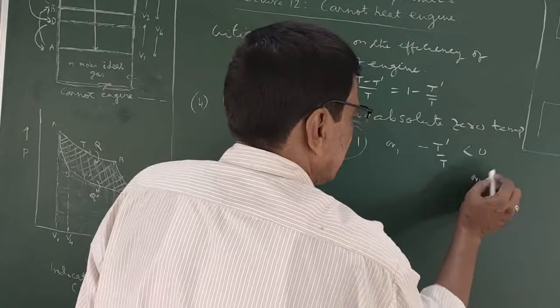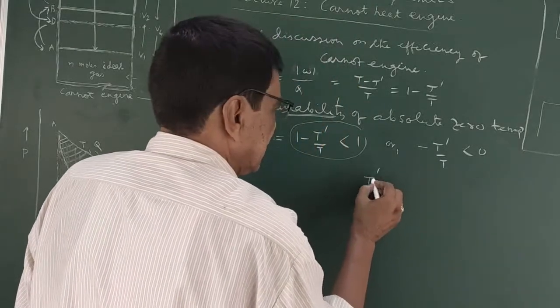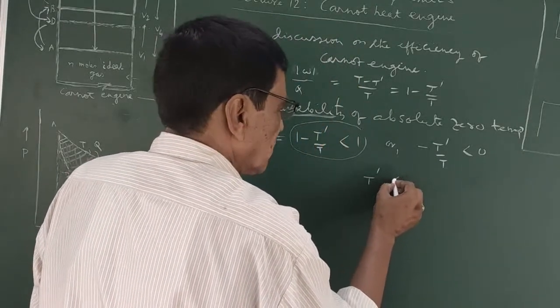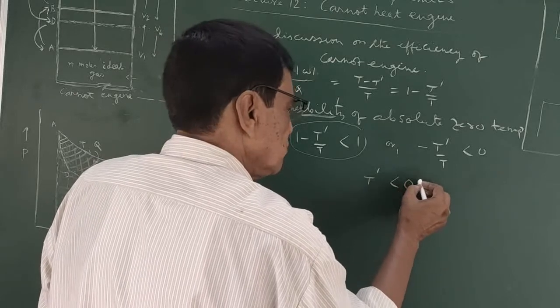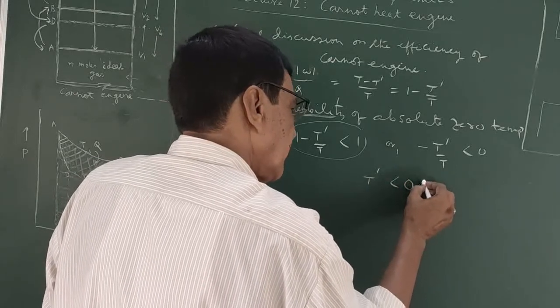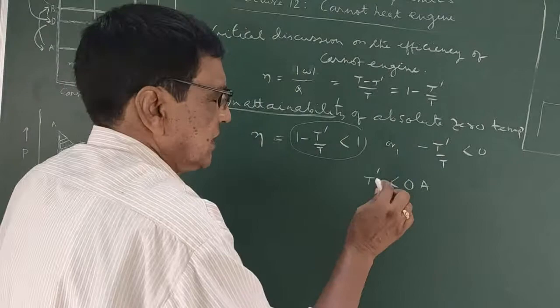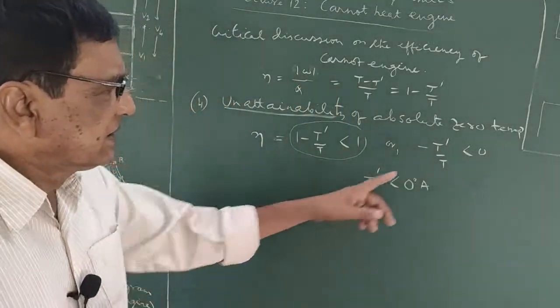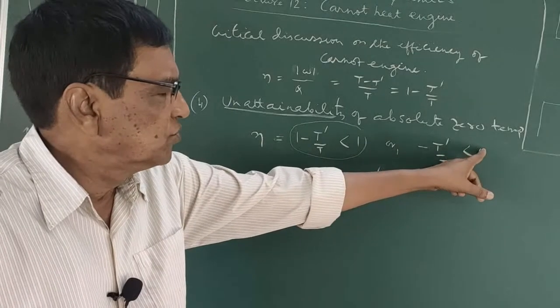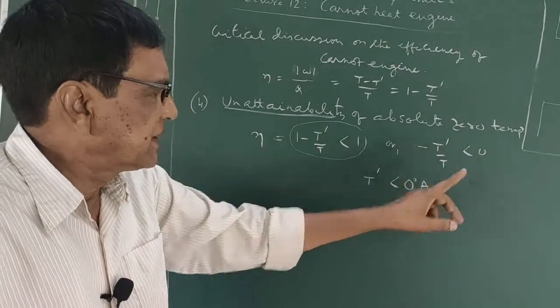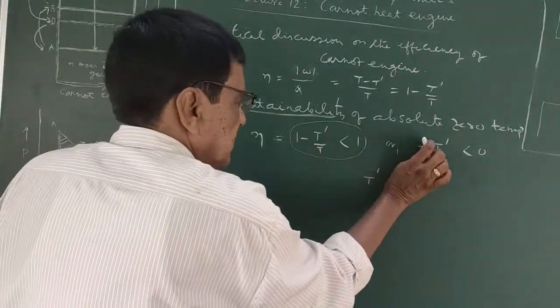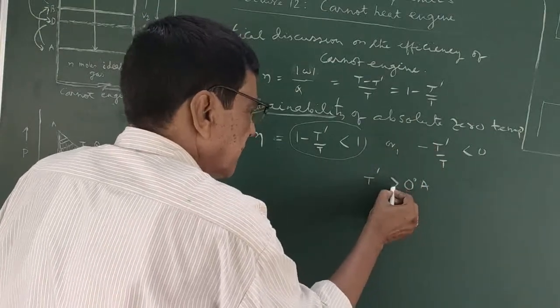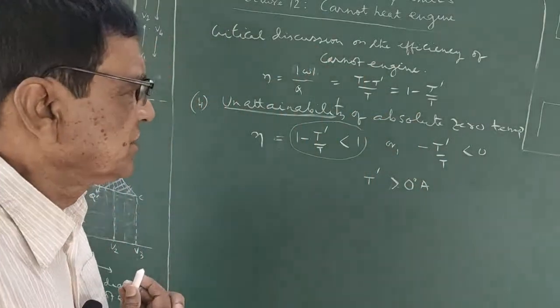Or you can say this T dash is always less than 0 degree absolute. This T dash cannot be equal to 0. Minus means always it will be greater than 0.